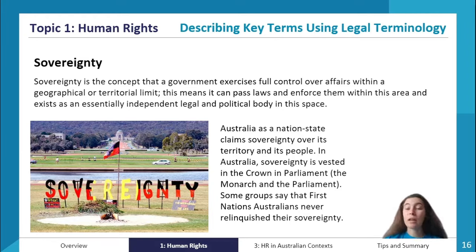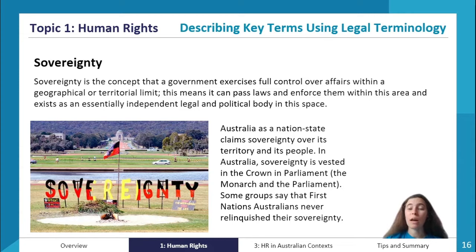So Australia, as a nation state, claims sovereignty over its territory, and then by default, that means over the people within that territory as well. But this isn't necessarily straightforward for Australia and for any country that has groups of First Nations people and Indigenous people. So, for example, in Australia, sovereignty is not something that all First Nations people believe they ever relinquished.